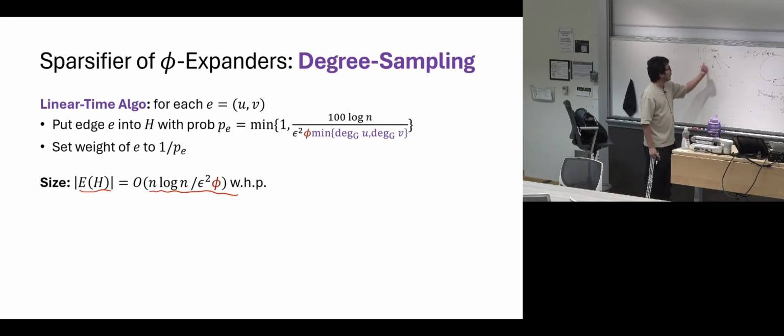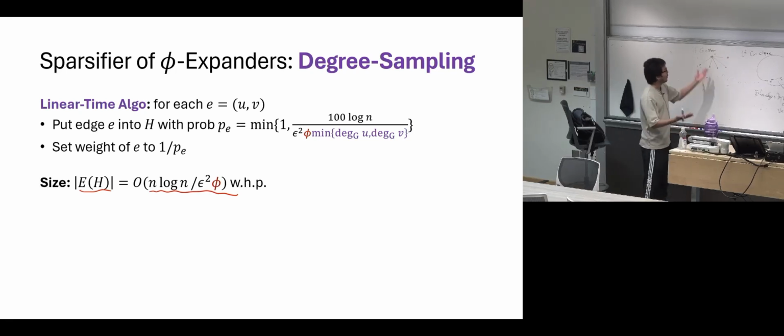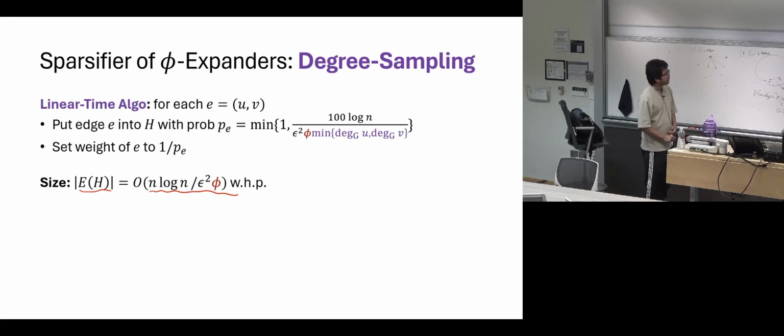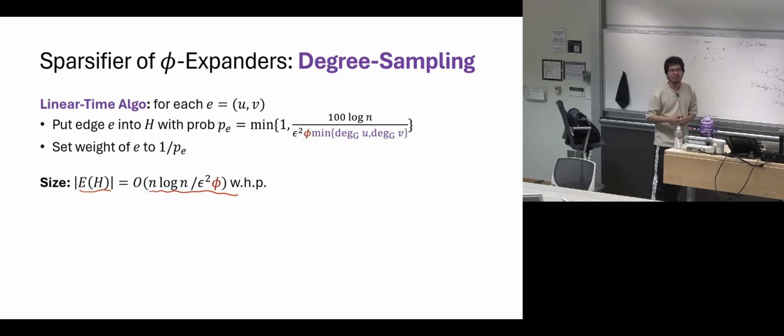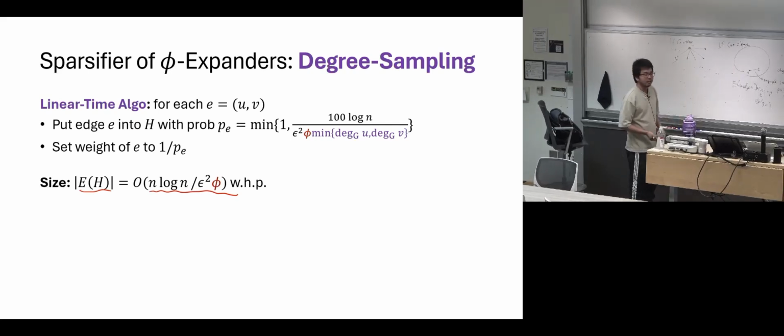So our sample probability depends on the lower degree endpoint. So we're going to pick every edge. We don't do anything. So the point of this is that whether we're going to pick an edge or not, you look at the lower degree endpoint of it, and then analyze it. So let's try to think like this. Now let's look at any graph.